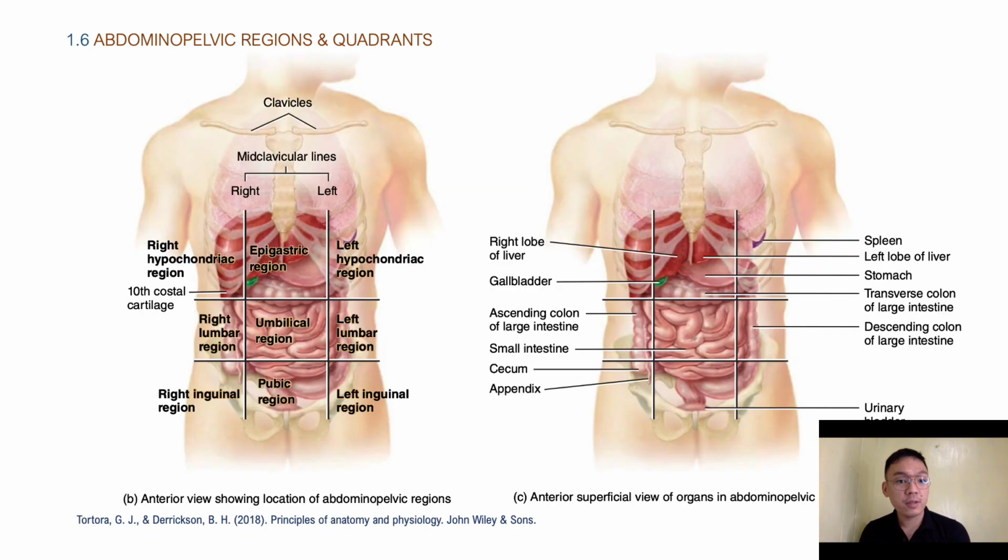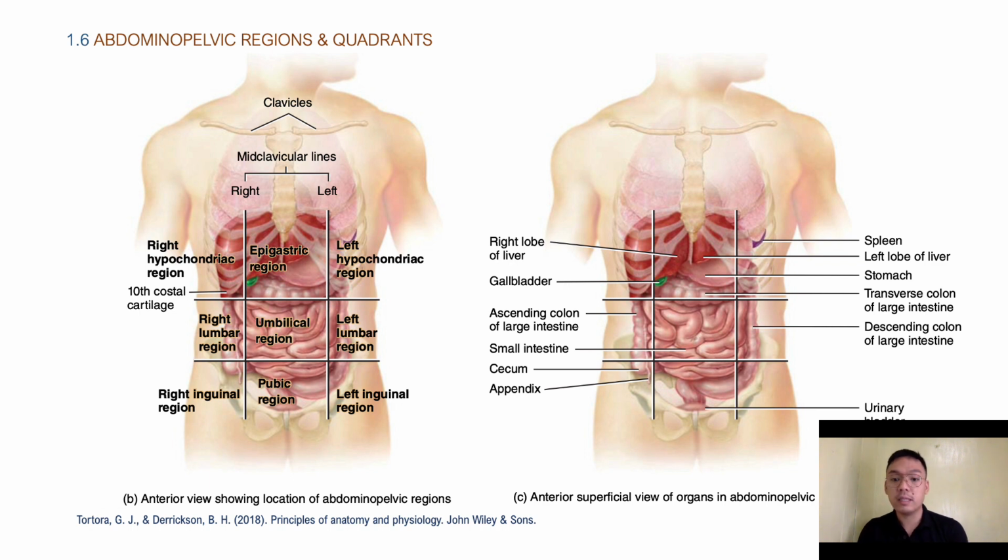To be specific, what are the portions or the organs found in here? This is your anterior view showing the location of the different abdominal pelvic regions. Again, it's because of this 10th costal cartilage. This is the line, okay, that divides the epigastric and then the umbilical region.